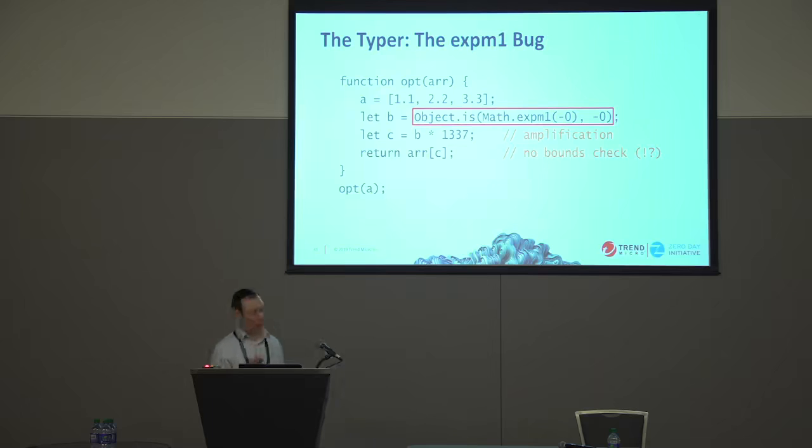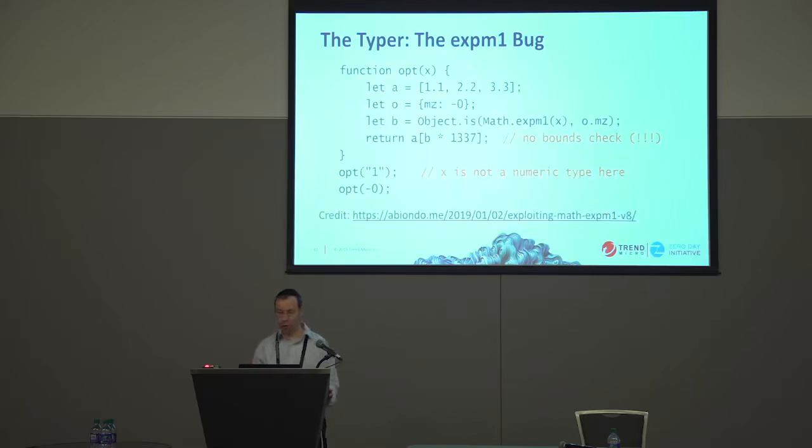The essential difficulty in exploiting this was that the incorrect typer result, which indicated that EXP-M1 could never return -0, was also being used elsewhere in the JIT compiler to inform how values needed to be converted when passing parameters into object.is. And what was happening because of that is that the -0 value was being silently replaced with +0 before object.is ever got to see it.